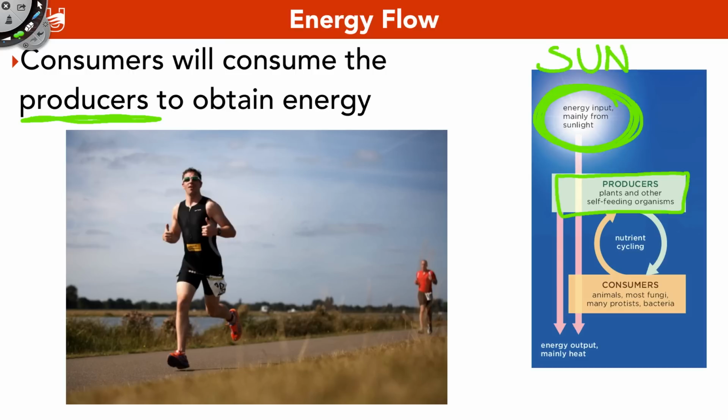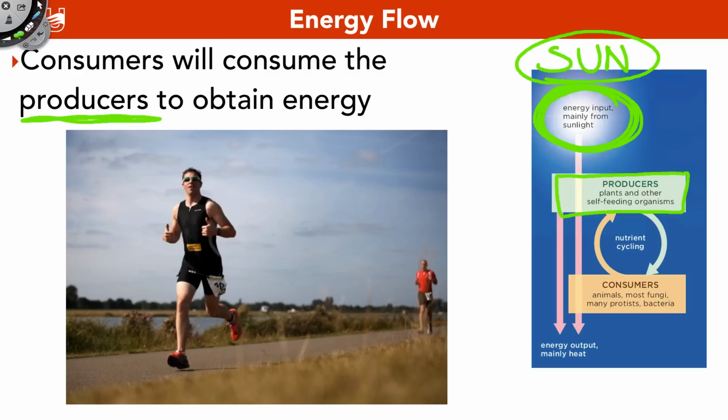Okay? So the sun is the ultimate source of energy. So you're sitting there, your heart's beating, whatever. All of that energy comes from the sun, because the sun was what allowed the producers to grow. Because the producers grow the plants, for instance, right? Vegetation allows that vegetation to grow.